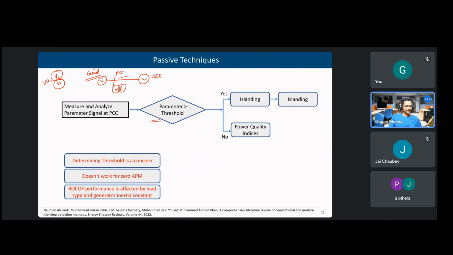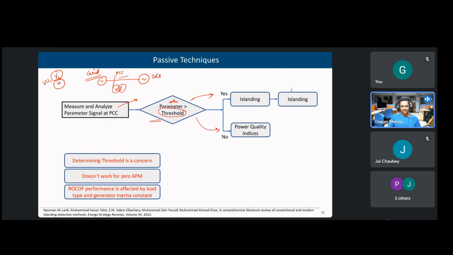Then another problem, as we have discussed already, is that for zero active power mismatch it doesn't work. There will not be any change, so it fails to distinguish between islanding and non-islanding situations. Then the rate of change of frequency performance is also affected by load type and the generator inertia constant, because these things determine the frequency.